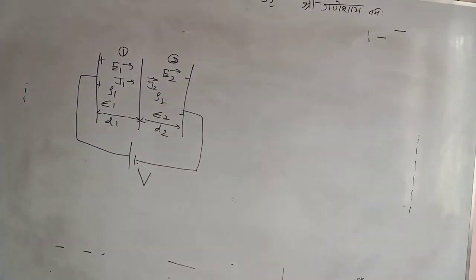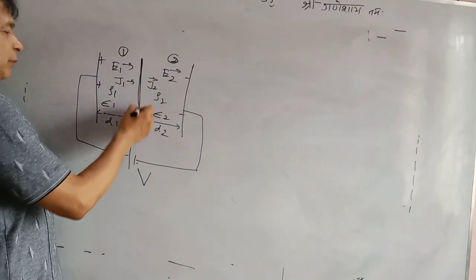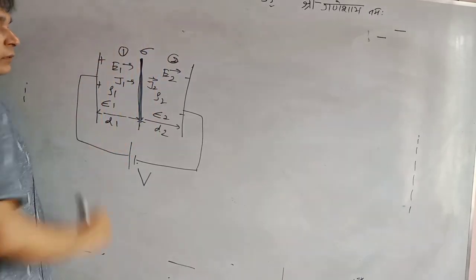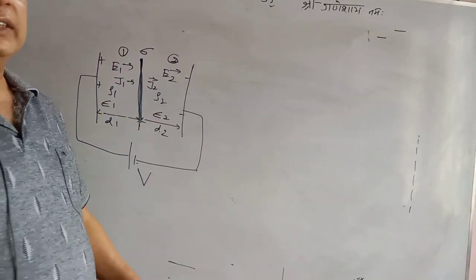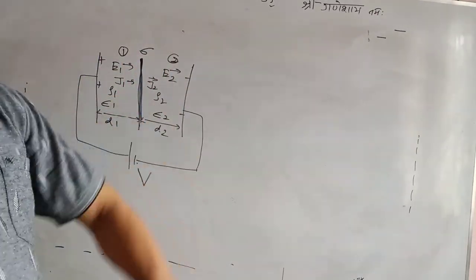Again, we have to find the charge density at this boundary, the extraneous charge density sigma at this boundary. We have to calculate it.